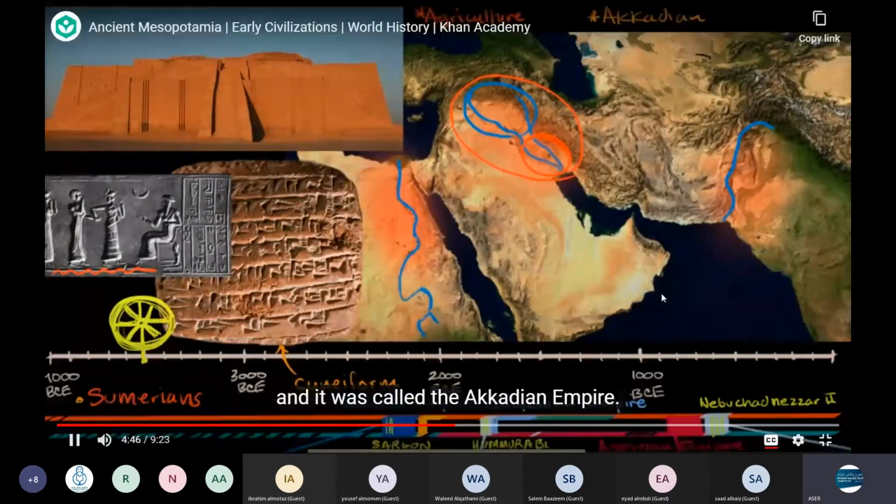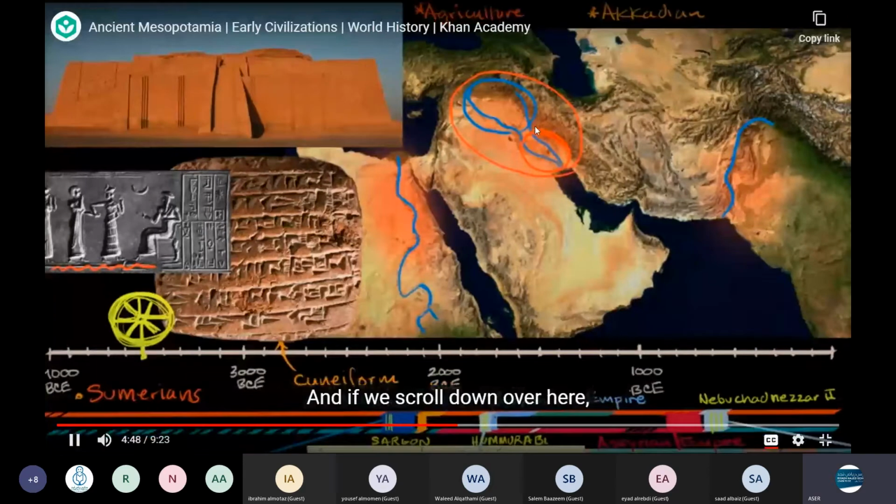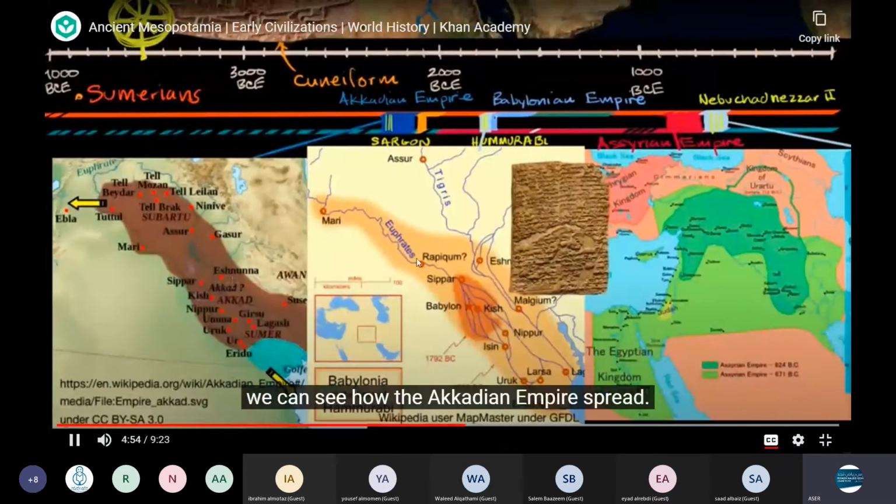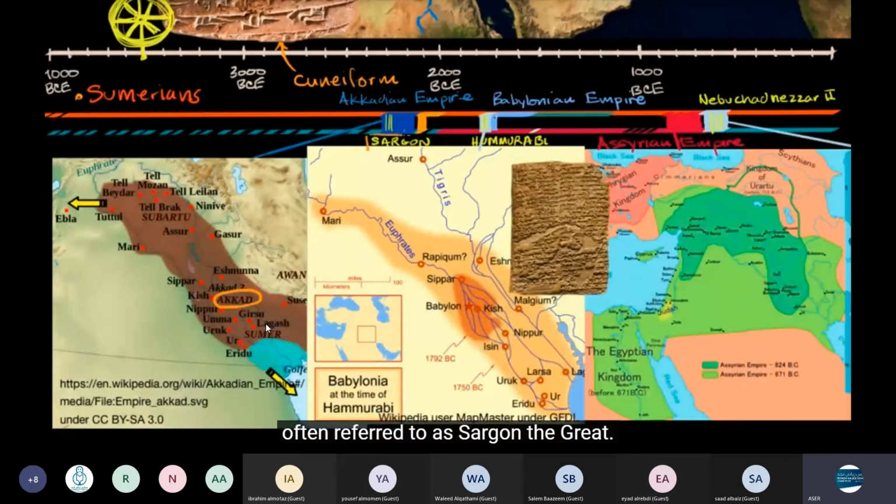And if we scroll down over here, we can see how the Akkadian Empire spread. We believe that the town of Akkad, which the Akkadian Empire is named for, is someplace in this region right over here. And the first significant ruler who really spread that empire was Sargon, often referred to as Sargon the Great.